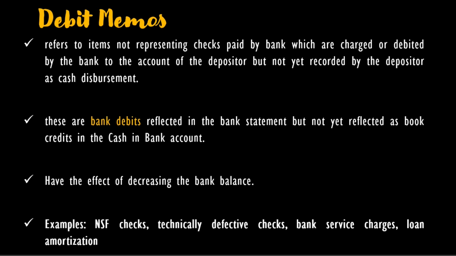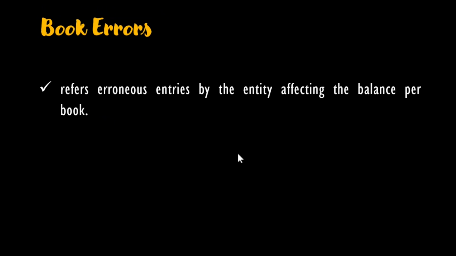Okay, the last one for the book reconciling items, we have book errors. This refers to erroneous entries by the entity affecting the balance per book. It depends on the class. How do we account for this? It depends on the effect or the impact of the error.